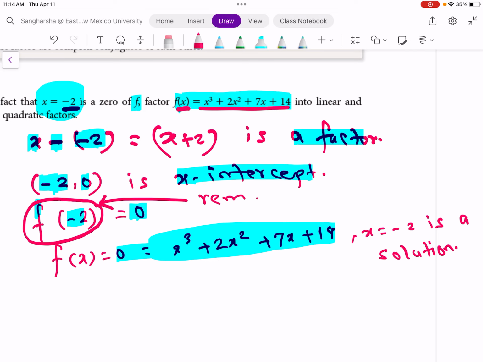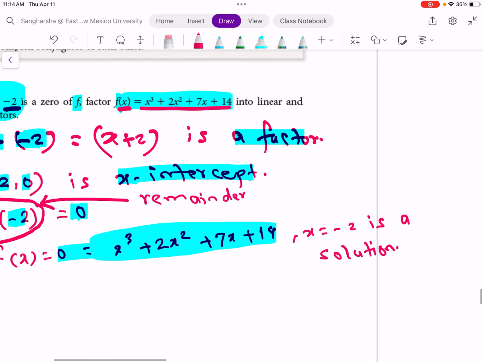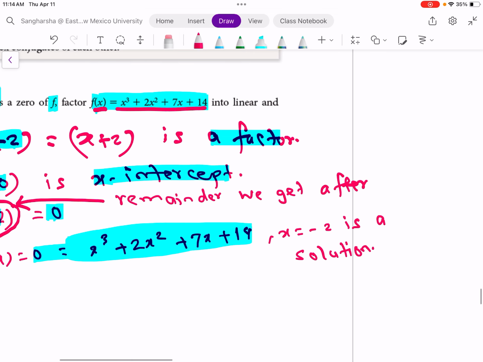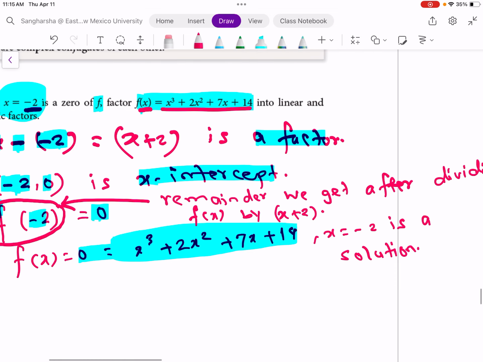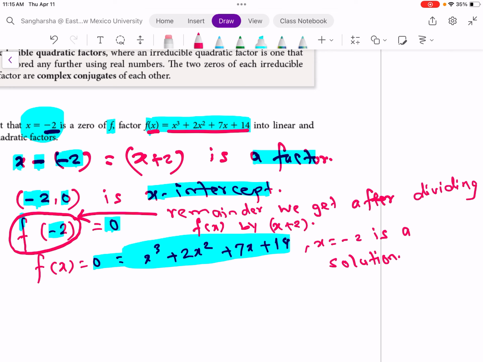So this is also the remainder we get after dividing our function f of x by the factor x plus 2. And if the remainder is 0, that is the reason why we call negative 2 the real 0.